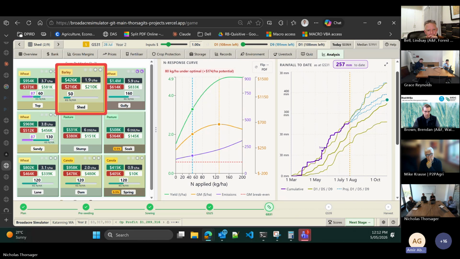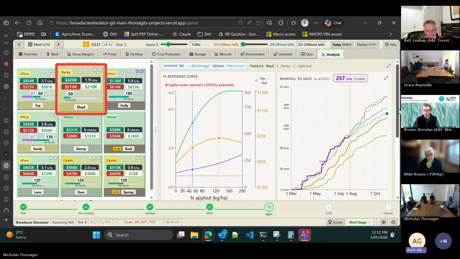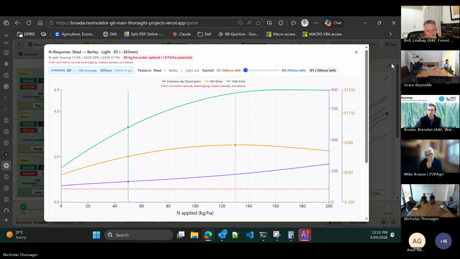Can you see the purple line starts turning and going at a faster rate the more nitrogen you apply, because you're reaching the plateau of your yield or your gross margin, after which you will get a 5-ton crop, but at a much higher, rising level of greenhouse gas emissions, because basically it's unlikely that you will use all that nitrogen and it will become emissions.